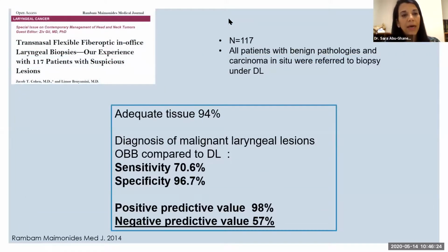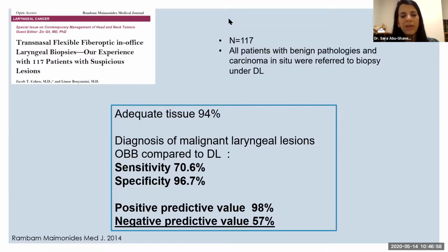This is an example of a paper from Israel with 117 patients, and all patients had leukoplakia. All of the patients that were found with benign or carcinoma in situ pathology on their in-office pathology went to do a DL, which is really nice, because how many papers or studies do you know that all patients had both in-office and direct laryngoscopy?